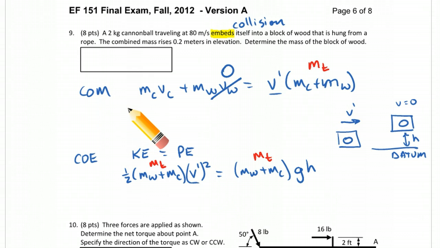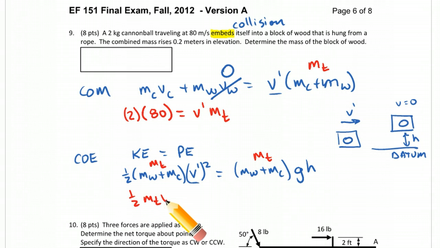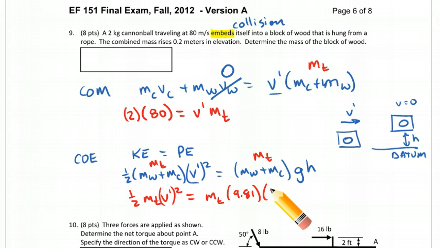So in this equation I'm going to have 2 is the mass of the cannonball and 80 is the velocity, is equal to V prime times MT. Okay, and let's see, 1/2 MT V prime squared is equal to MT times 9.81 times 0.2.